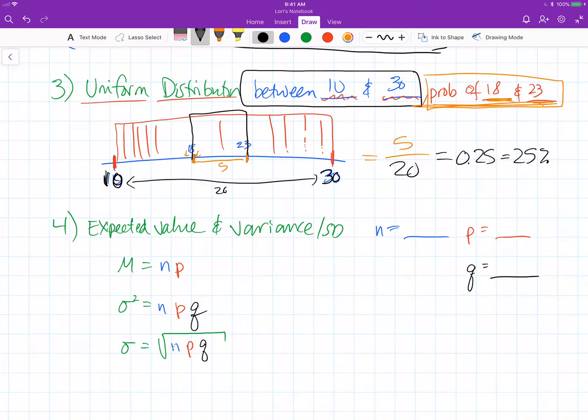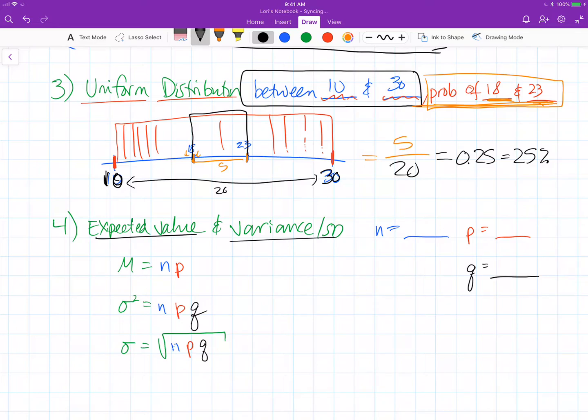The final kind of question that you might be asked about probabilities is, can you calculate an expected value and a variance or a standard deviation given a set of parameters? A lot of times we might think about a multiple choice test.